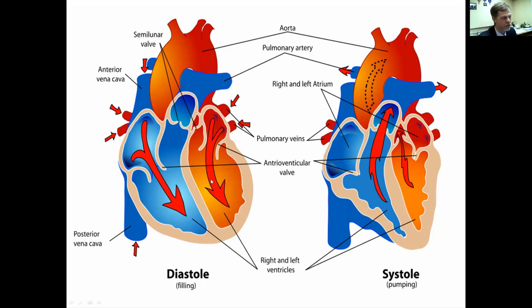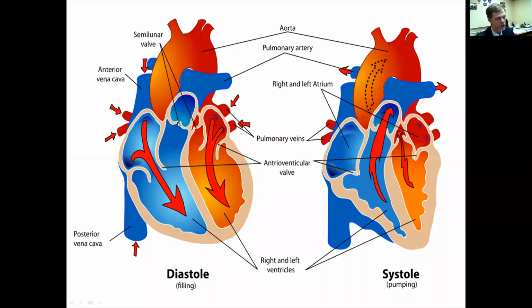Position of valves. You know that valves may be in two positions, closed or open, like a door. What is the position of the valves? It's easy to understand. If blood flows from atriums to ventricles, it means that the AV valves are open. During diastole, AV valves are open.